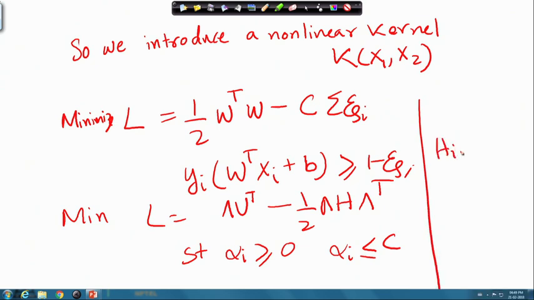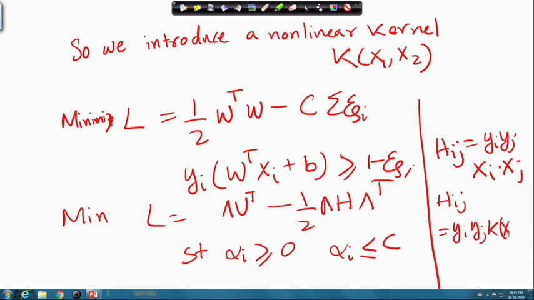H_ij was y_i y_j times x_i dot x_j, dot product, linear kernel. We just generalize this, instead of x_i dot x_j, we write y_i y_j K of x_i x_j.